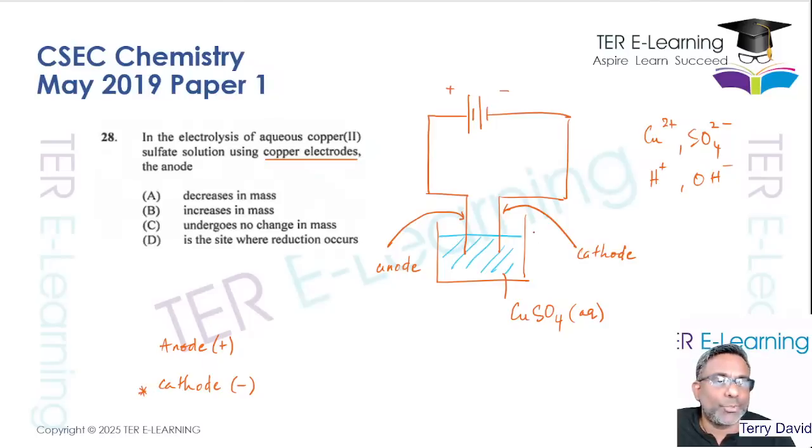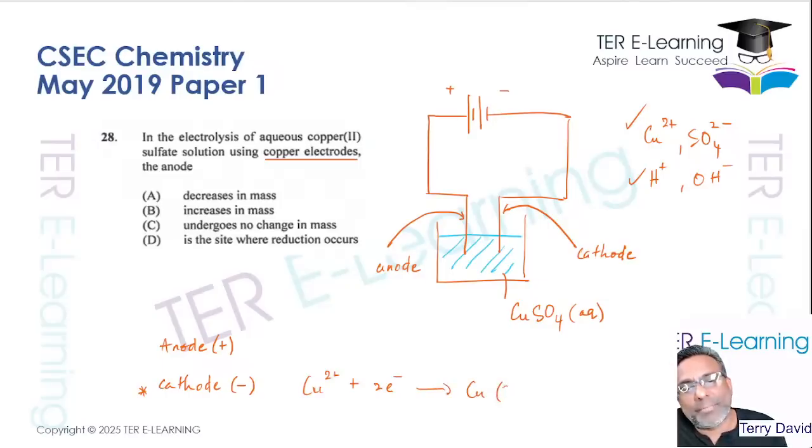We expect copper and hydrogen to go there, but what actually happens is that the copper is discharged first. That's Cu2+ plus 2 electrons, giving us copper solid. So the mass of the cathode increases. This question is asking us about the anode here.